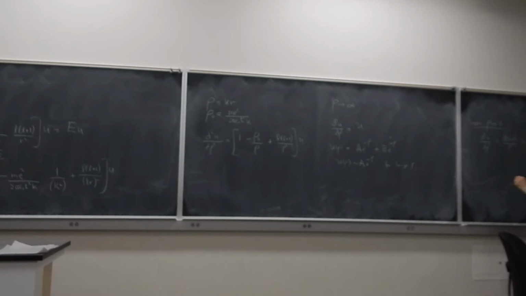The general solution to that is u of rho equals c rho to the l plus 1 plus d rho to the minus l. But if rho approaches 0, this term is going to blow up, therefore d must be equal to 0. And we should be able to write u of rho then as c rho to the l plus 1.